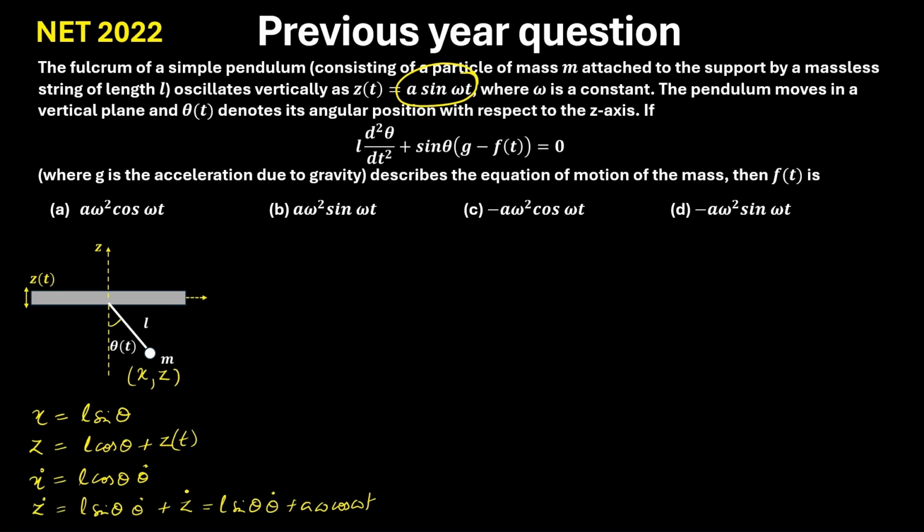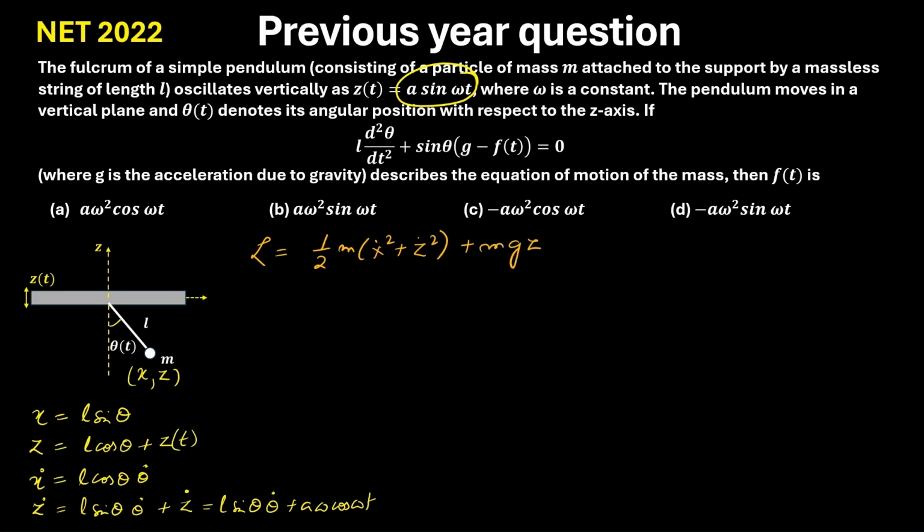Now you have got x, z, x dot and z dot. Now we can write the Lagrangian. The Lagrangian will be equal to half m times x dot square plus z dot square. Then this is under the influence of gravity, so for the potential we write plus, because minus will be plus, mgz.